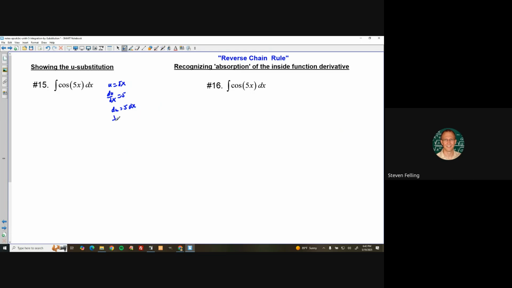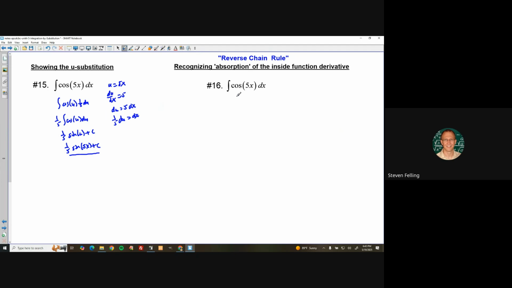And therefore, dx is 1/5 du. So this can be rewritten as cosine of u, and the dx can be replaced with 1/5 du. The 1/5 gets put outside, and you have the antiderivative of cosine of u, which is sine of u plus our integration constant. And then you can replace the u with 5x again. So that's the formal way to do it.